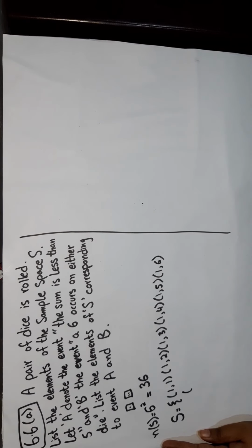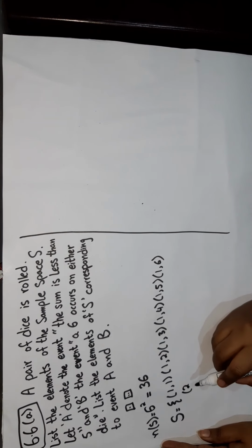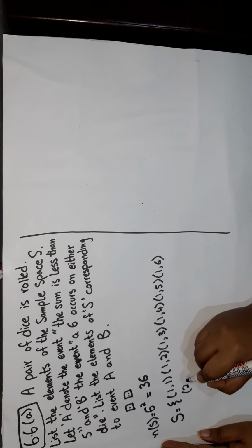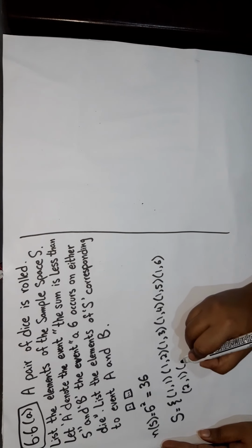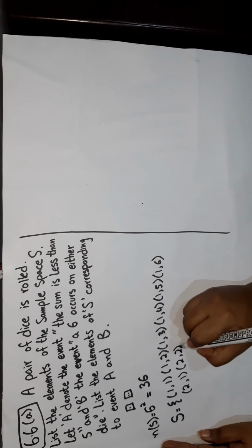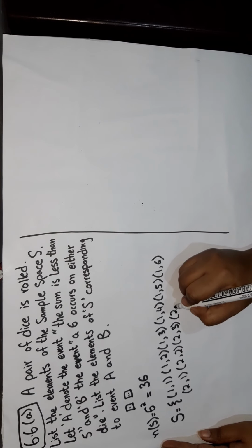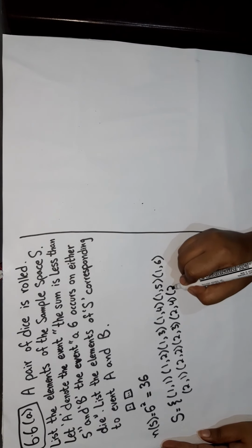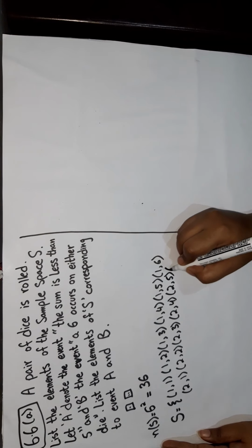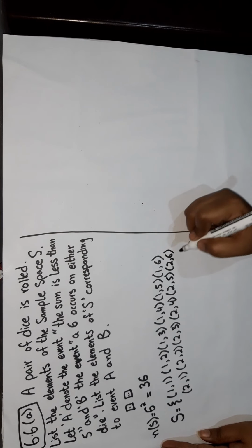Again for 2, maybe 2 occurs on first and 1 on second die, and then so on, 2 2, 2 3, 2 4, 2 5, 2 6.